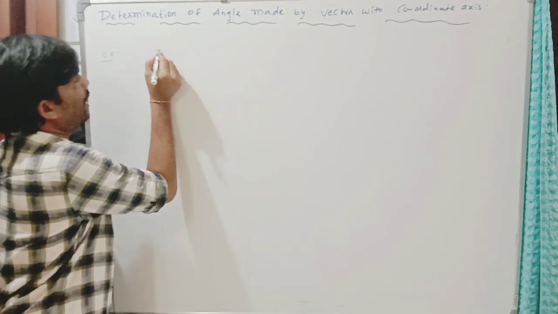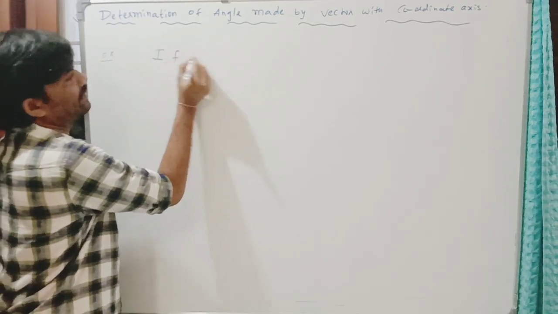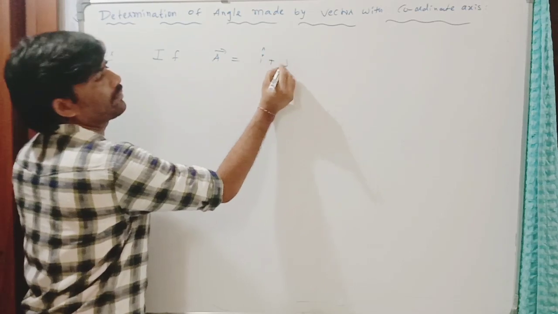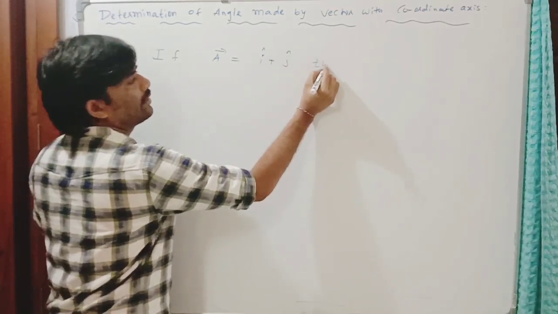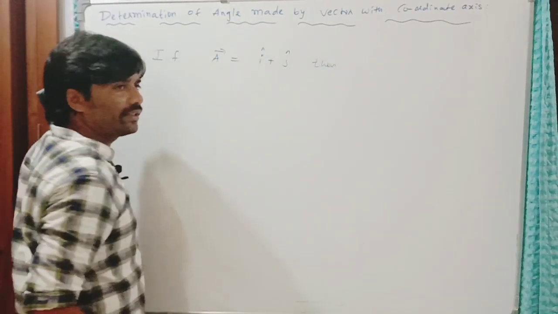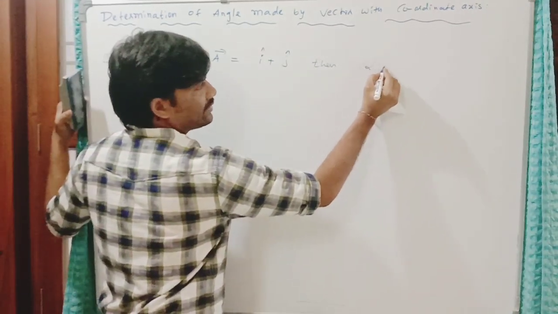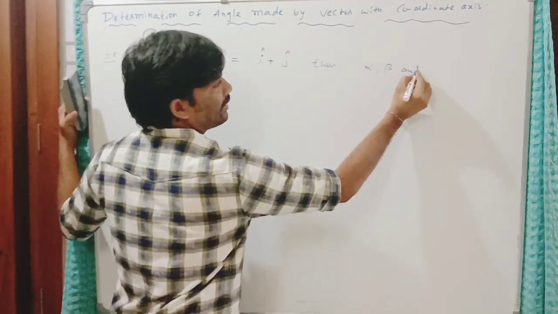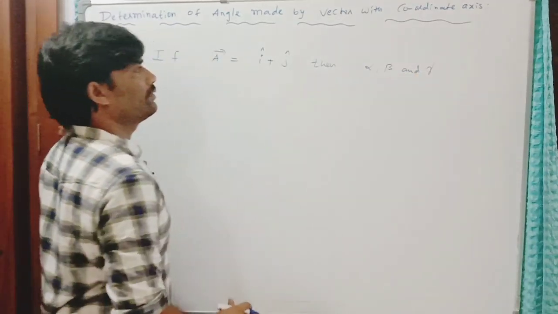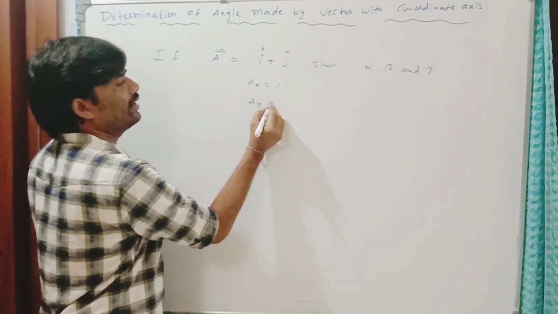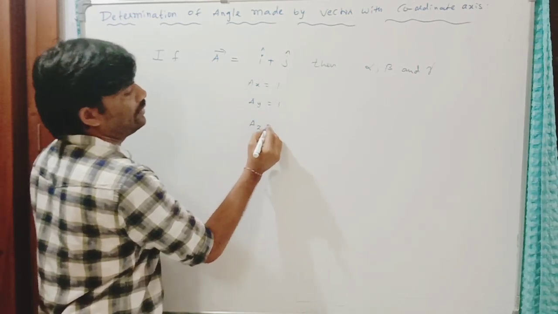Example problem: if you have a vector like this, a bar is equal to i cap plus j cap, then the angle made by this vector with x, y and z axis, alpha, beta and gamma, are? From this, x component is 1, y component is 1, z component is 0.